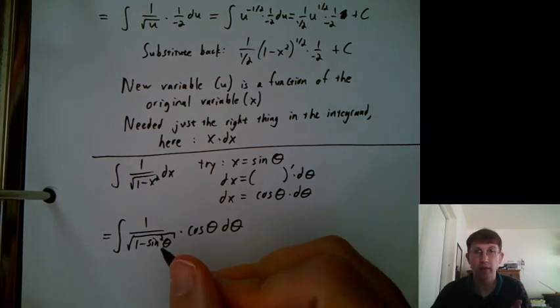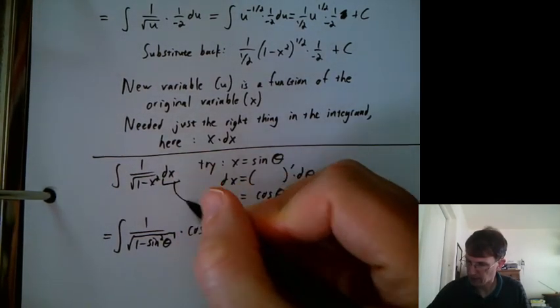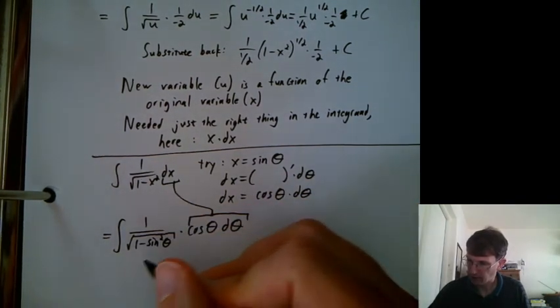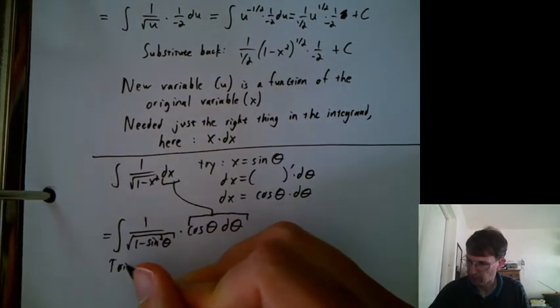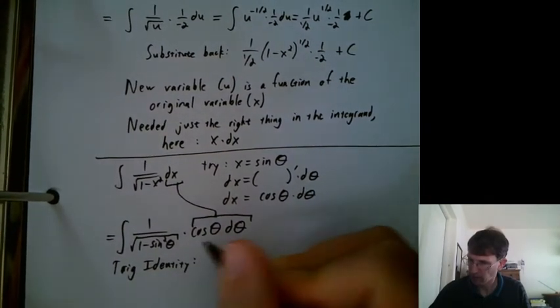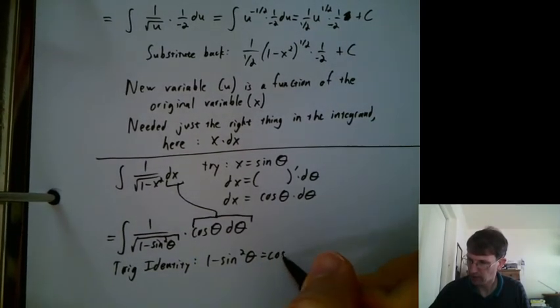And then we'll use a trig identity here: 1 minus sine squared equals cosine squared.